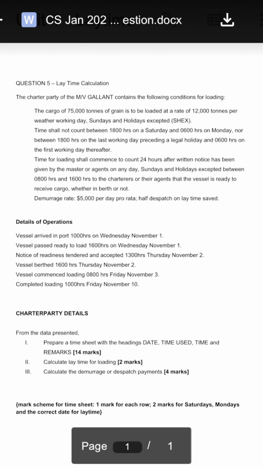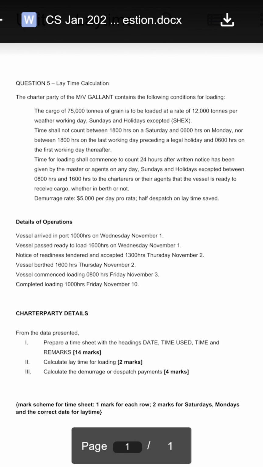Right? Let's continue. Time for loading shall commence to count 24 hours after written notice has been given by the master or agents on any day, Sundays and holidays excluded, between 800 hours and 1,600 hours to the charterers or their agents that the vessel is ready to receive cargo, whether in berth or not. What this important line is saying, time for loading shall commence to count 24 hours after written notice, which is also called the NOR, tells us when laytime will start.